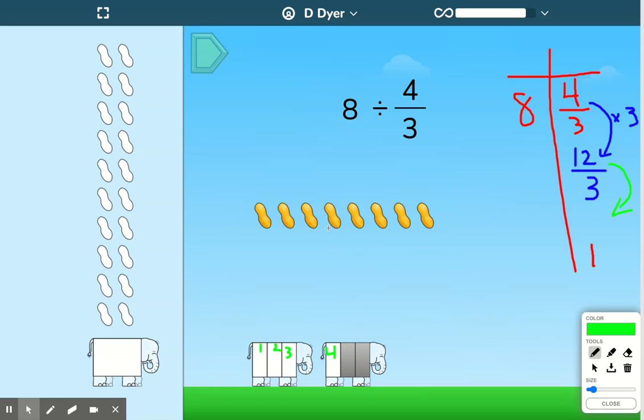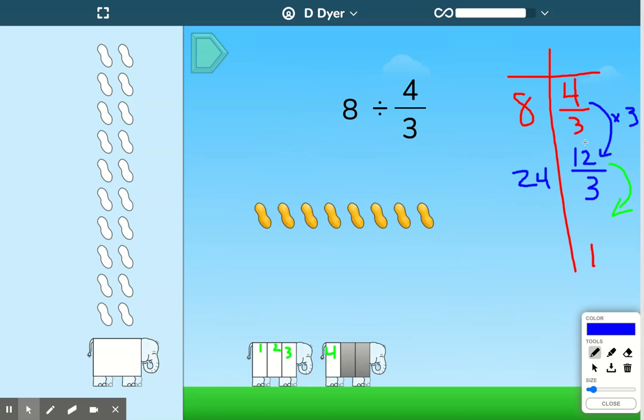So that's where we're going to take this number and divide into 4. So do we ever see 24? Because 8 times 3 is 24. Where do we see 24? Well, we really don't.